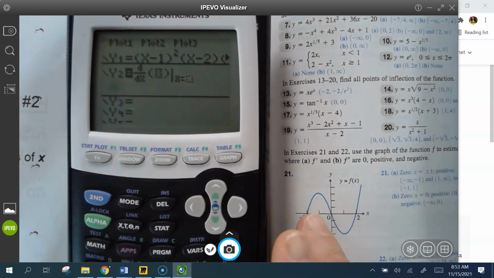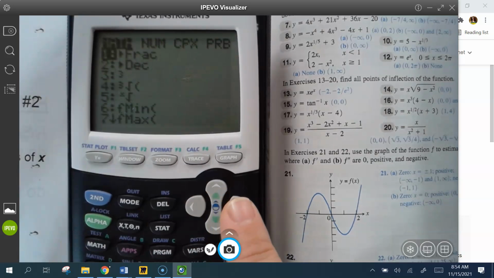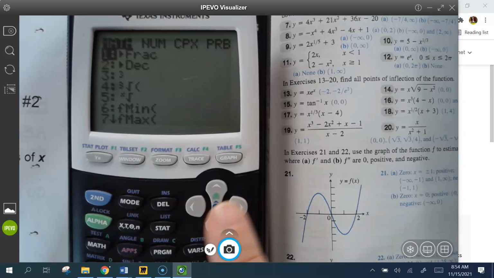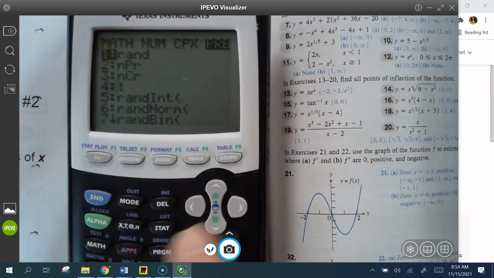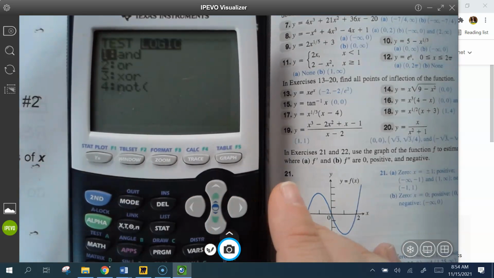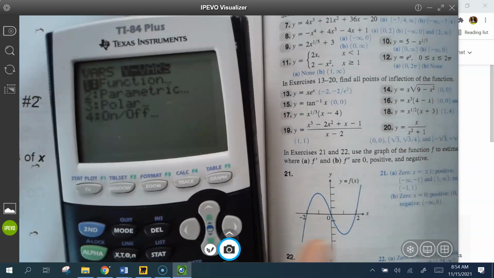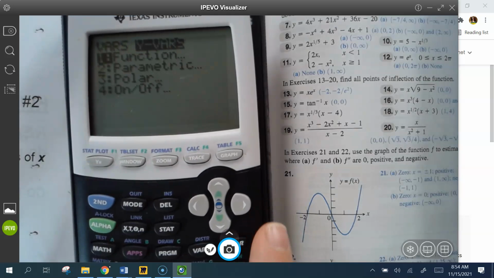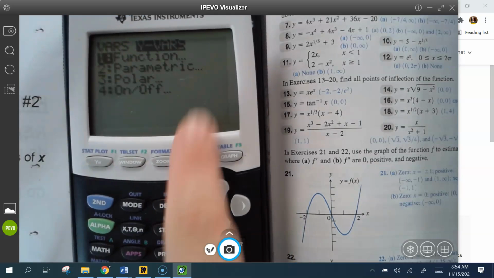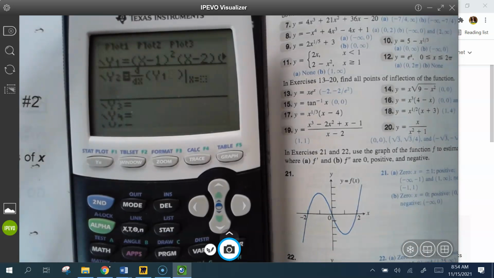All right, so now I need to call it up. I have to remember where it is. It's like copy and paste. Variables: Vars over to Y vars, hit enter, and hit enter on Y1.